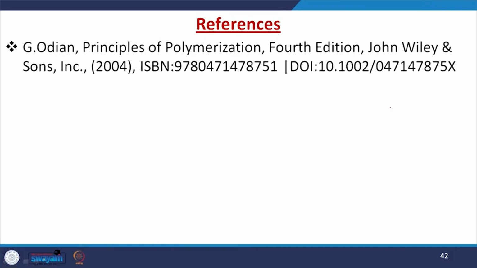Since cationic polymerization is extremely important in the development of various industrial polymers, we discussed all kinds of initiation tools available as of date, maybe by radiation initiators, maybe by photoelectric radiation, maybe with the help of Lewis acids, etc. In case you wish to study further, we have listed one reference for your further reading.